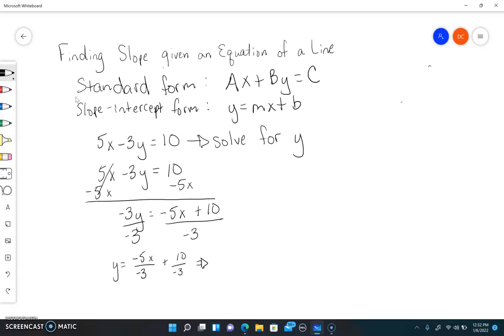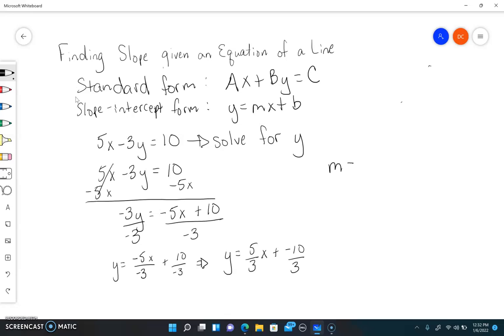Okay. And so I'm going to rewrite this a little nicer. So I have y equals, now remember, a negative divided by a negative is positive. So I have 5 over 3x and then plus a -10 over 3. All right.